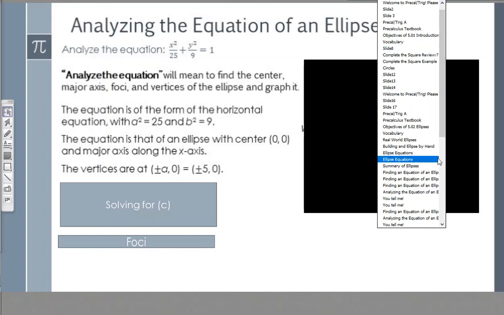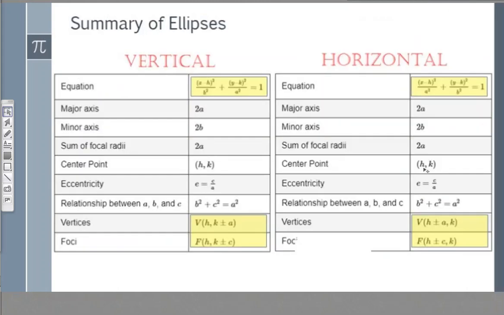All right, so remember when we say we're finding the vertices, we've got our h value, which is the center. You got h and k for your center. Well, h is 0, and then plus or minus a. All right, so that's where we're getting that. So let me go back.